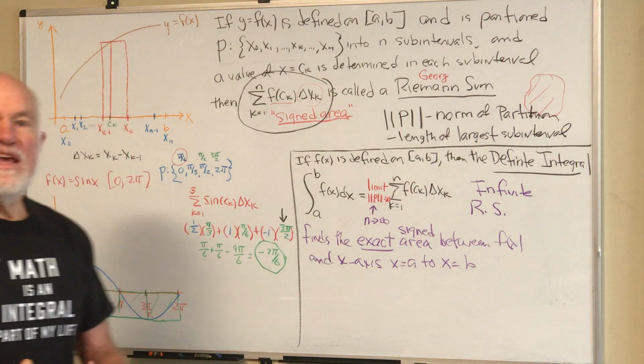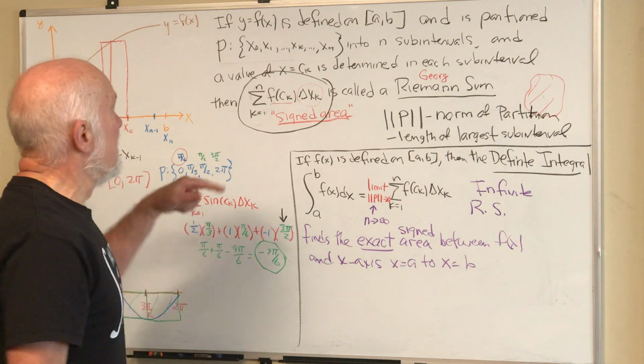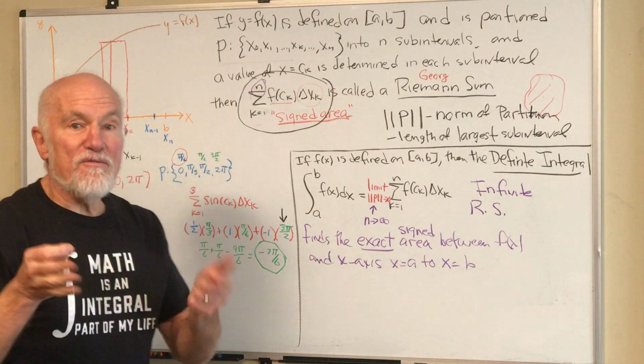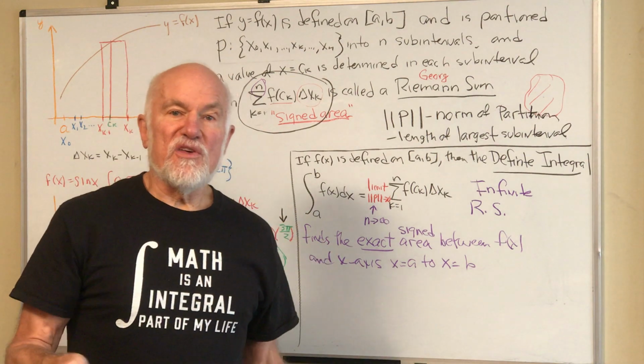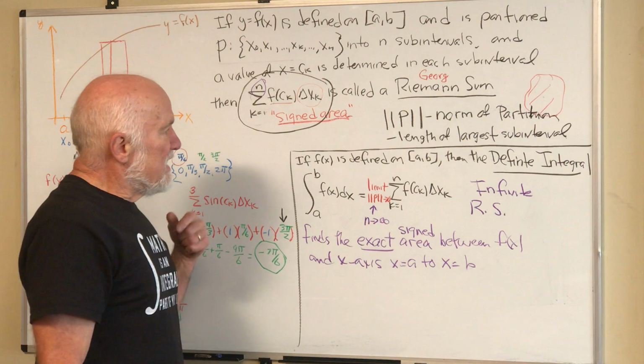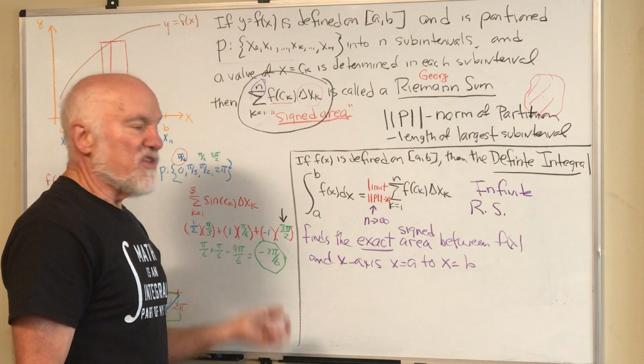And it's that exact signed area that is our goal. Yes, Riemann sums with n being like 5 rectangles give us a pretty good approximation, but it's the exact that we're going to look for most of the time.